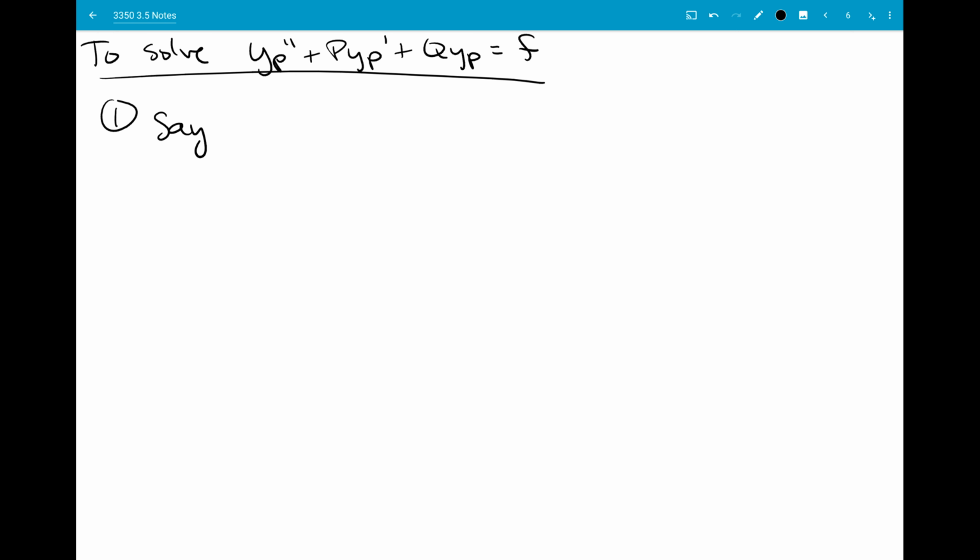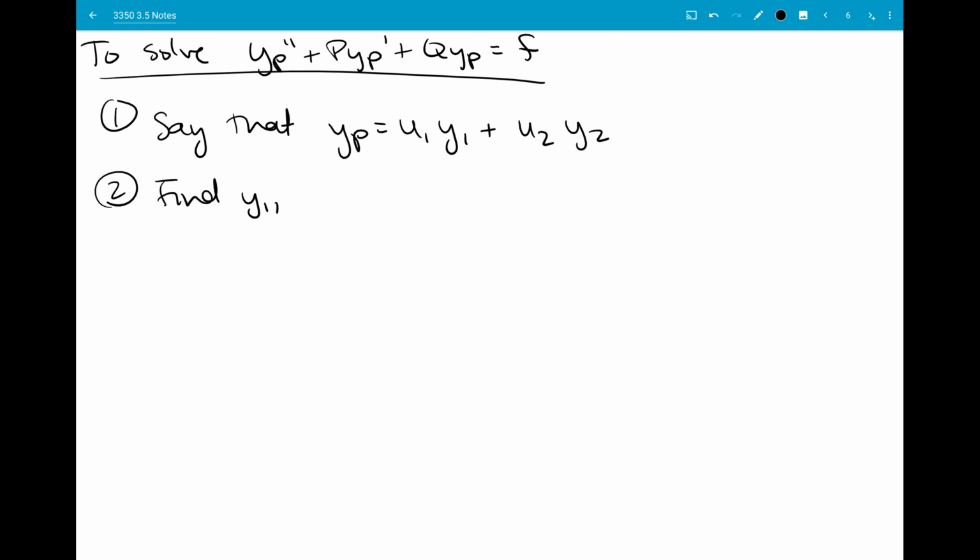We say that y sub p is equal to u1 y1 plus u2 y2. We find y1, y2 from solving y double prime plus p y prime plus q y equal to 0.